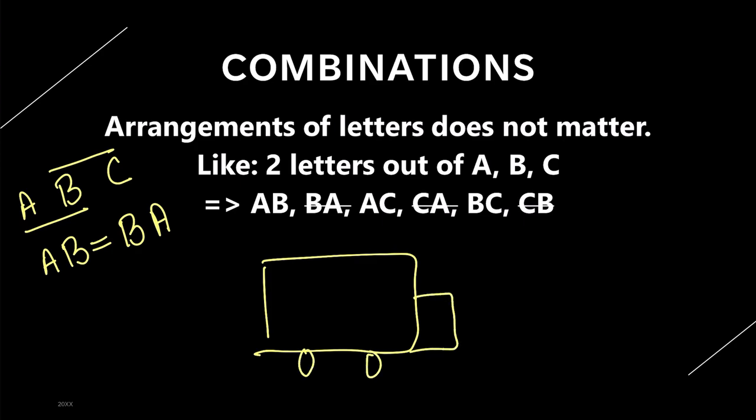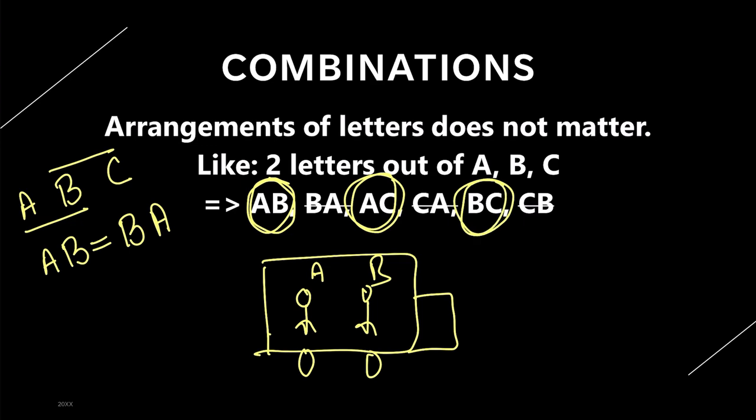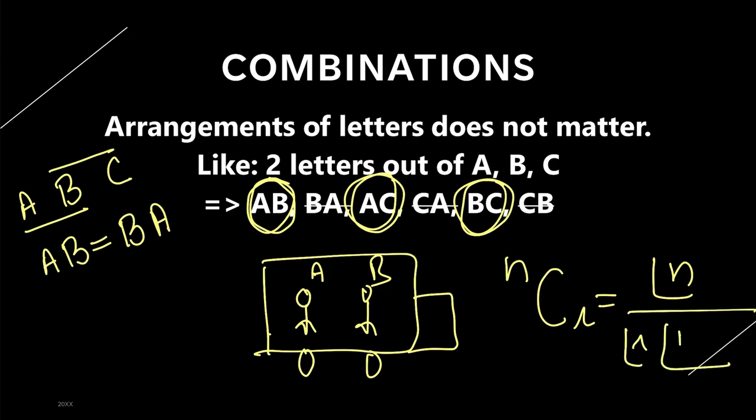Means you are just putting two people in the truck, A and B. It does not matter if one is sitting in the front and one in the back. So here we have seen that AB and BA are the same thing. AC and BC, right? And we have also seen nCr means n factorial divided by r factorial times (n minus r) factorial. So this is what we have learned in the last videos.